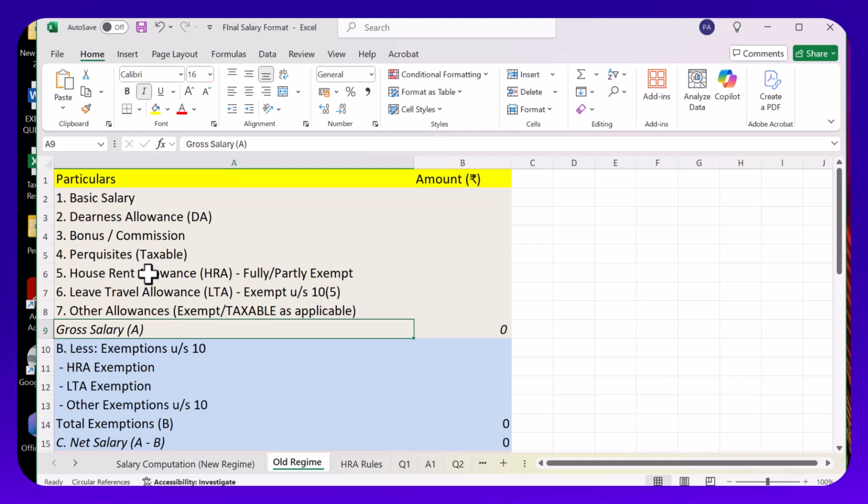Suppose you are getting some HRA, but you are staying in your family house and you're not paying any rent, then the entire HRA will become taxable. But if you are staying in a rented accommodation and paying rent, and you also get an HRA from your employer, then all the HRA will not become taxable. It may be fully taxable, or it may be partially taxable. Okay. Then the sixth one is what, Pranav?